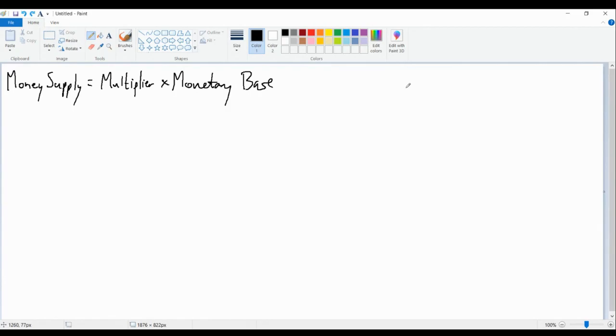So let's have a look at how each of these things that we looked at, these tools in monetary policy, affect the money supply now. So first we had open market operations. And let's take an example. Let's say an open market purchase.